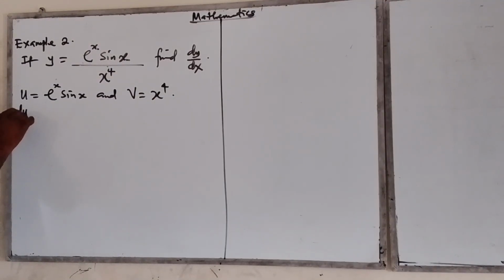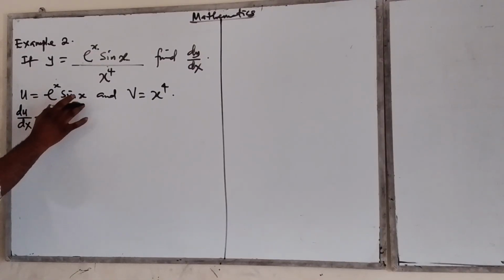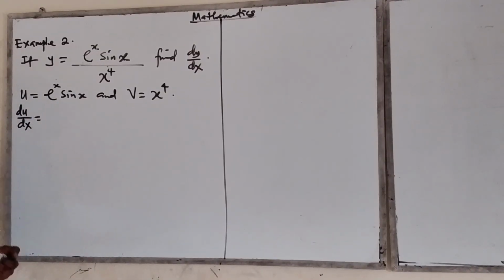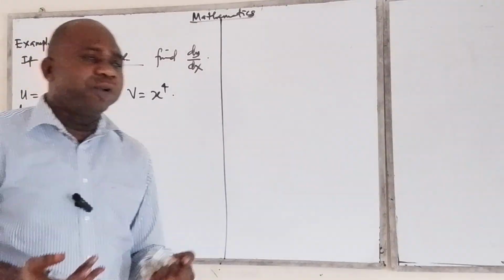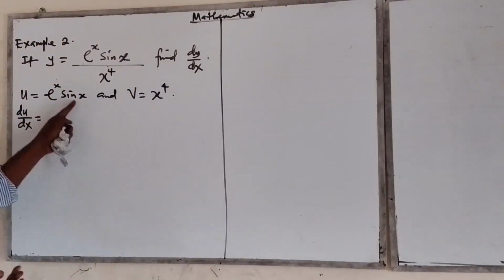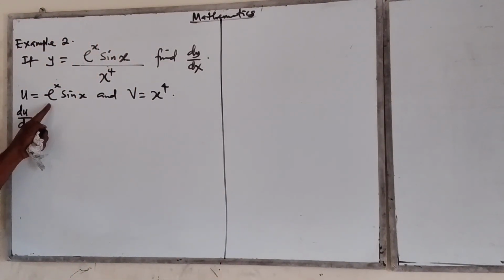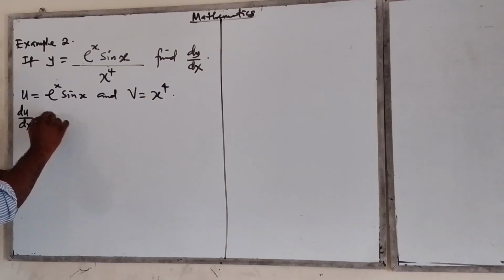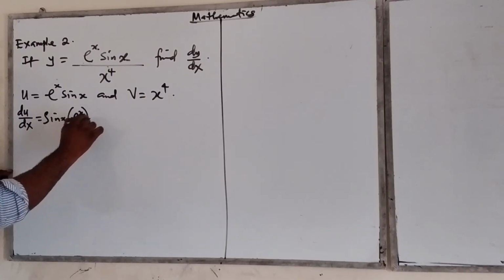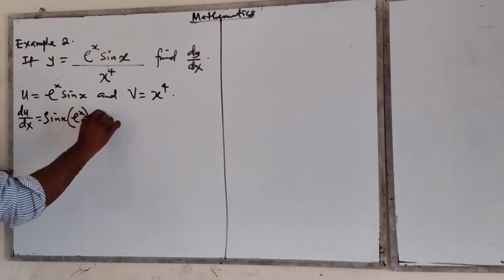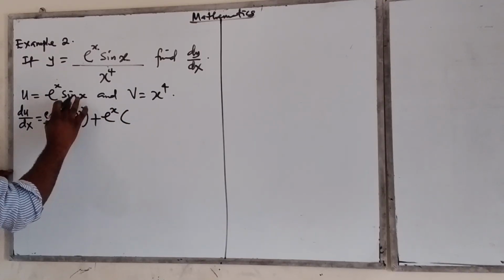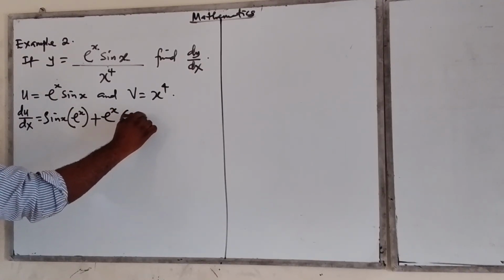Now, the du over dx, when you differentiate this, is actually a product of two functions. I remember when you're dealing with the product rule, we said you pick this one and differentiate this, plus you pick this e power x and differentiate sine x. It means in this case, we have sine x, and when you differentiate e power x, it gives you e power x. Then we have plus e raised to the power of x, and when you differentiate sine x, it gives cos x.